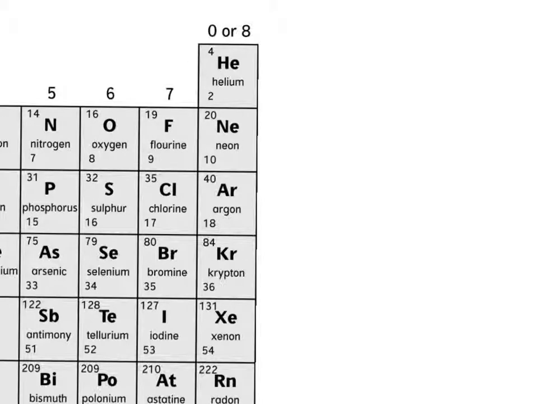Helium has 2 electrons in total. The 2 represents the proton number, but it's equal to the electron number in a neutral atom. So helium's electronic configuration goes like that, and we say that's a full outer shell.